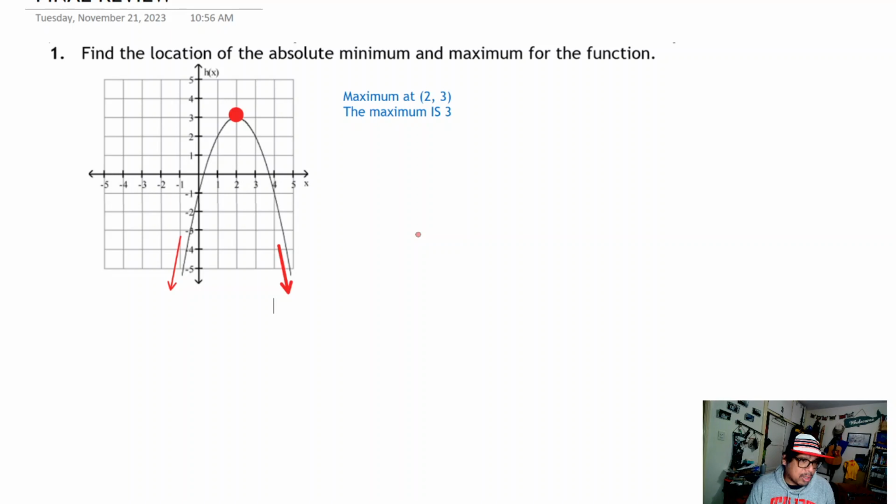As the x-coordinates increase, the y-coordinates continue to decrease. So we would say that there is no absolute minimum here. There's also no local minimum, but as you're reading the question, it says absolute minimum. So there is no absolute minimum.